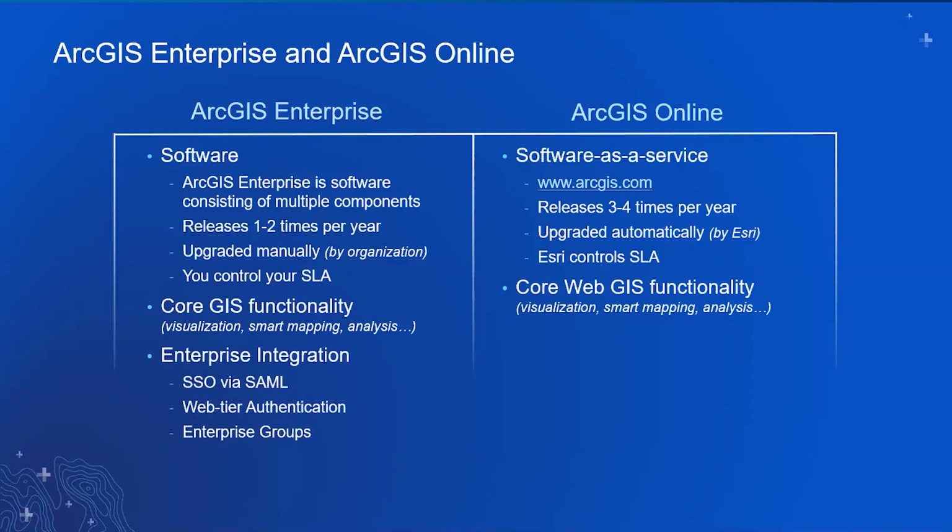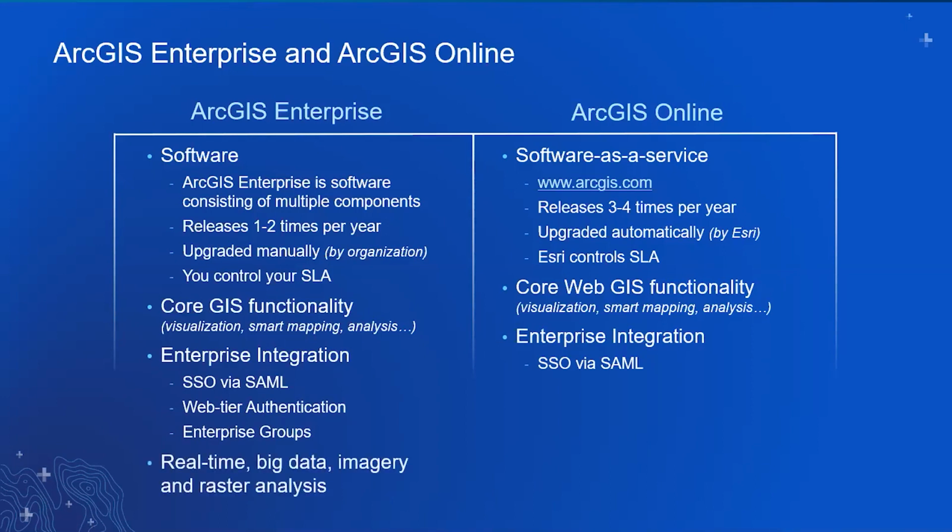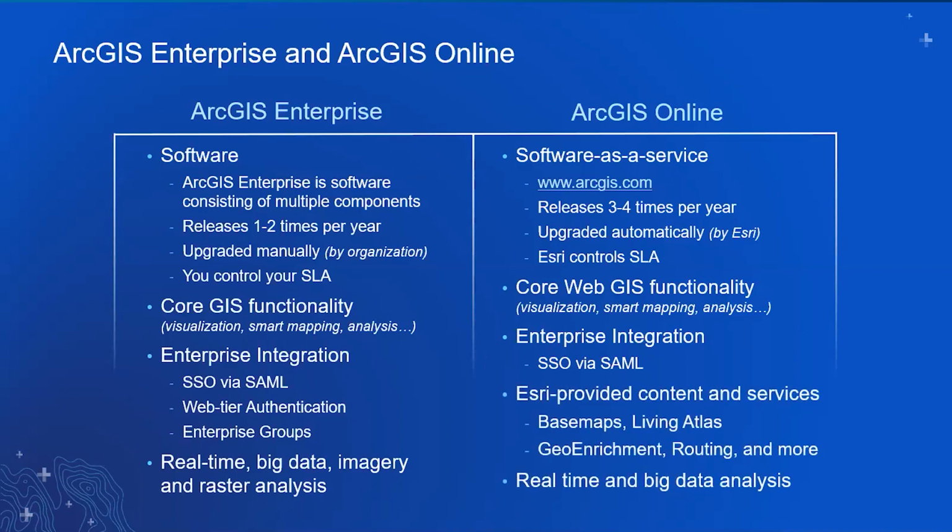And then the enterprise integration and the security is a bit different and has more security functionality than ArcGIS Online. And then one of the big components is the real-time big data and imagery. Imagery is coming to ArcGIS Online, but currently right now you can only work with web-based imagery services in your ArcGIS Enterprise.